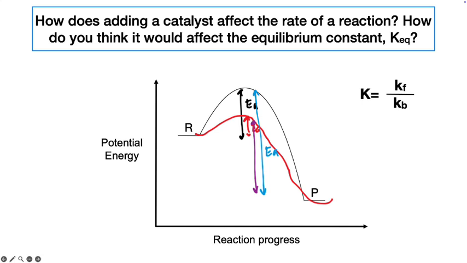I achieve it at the same place, but when? And this becomes weird too, I can't talk about time with equilibrium. We can talk about when we got to equilibrium. It's going to get there faster. That's the point of the catalyst. It helps us get to that balance point quicker, which is good. We like that. That means we can get out of lab faster.